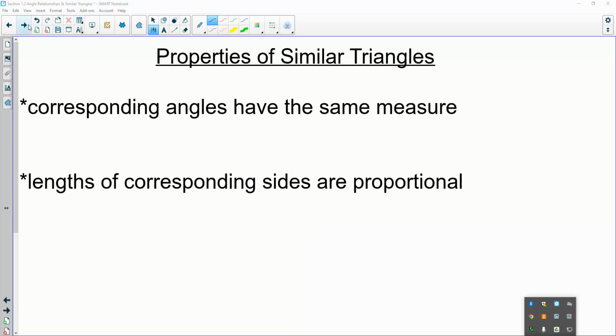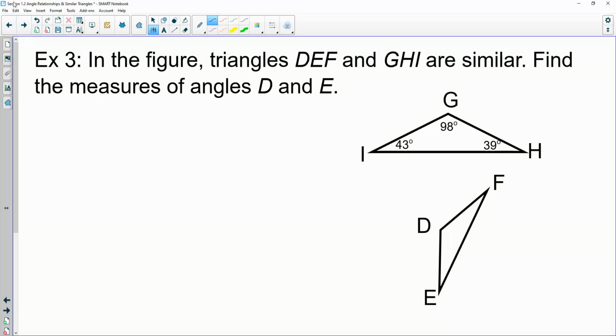So let's take a look at that. In this figure, triangle DEF and GHI are similar. Find the measures of angle D and E. If the triangles are similar, what do we know about their angles?